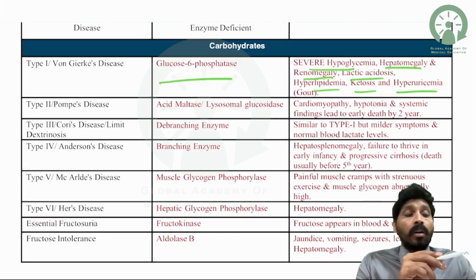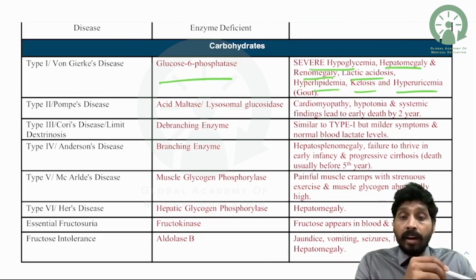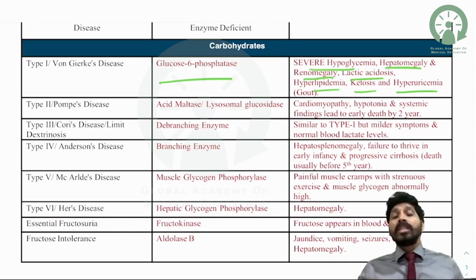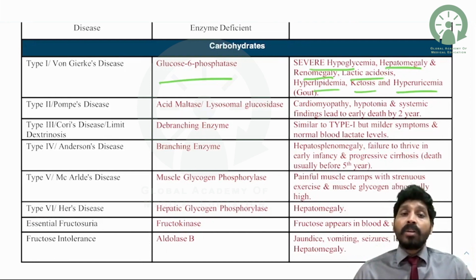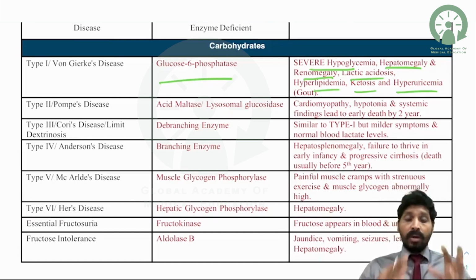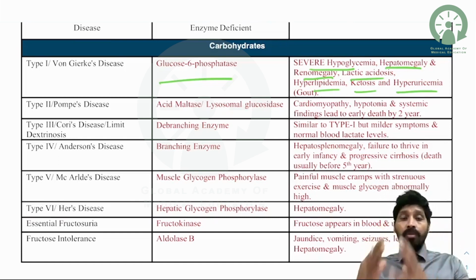How? It provides pentoses, which are useful for purine and pyrimidine formation. When these purines are synthesized in excess, they have to undergo degradation. Because of the high degradation of purines, they form uric acid. High levels of uric acid lead to gout. So that's why Von Gierke disease is indirectly related to gout.